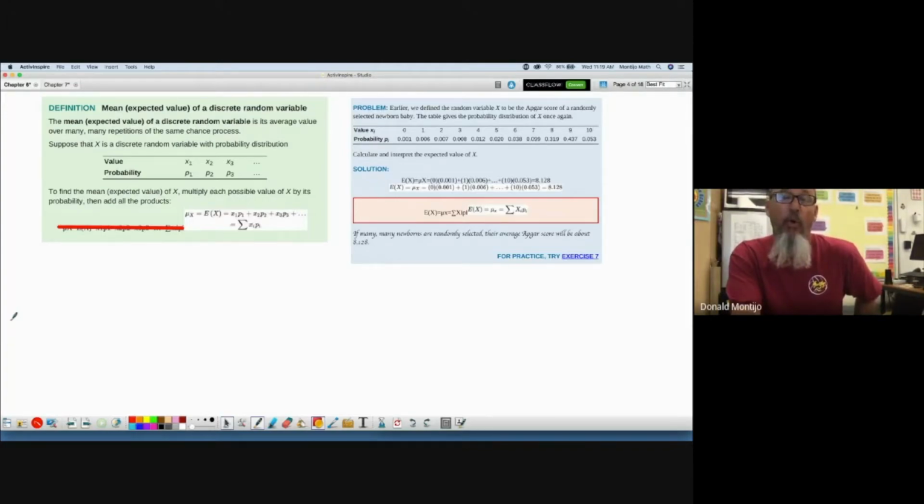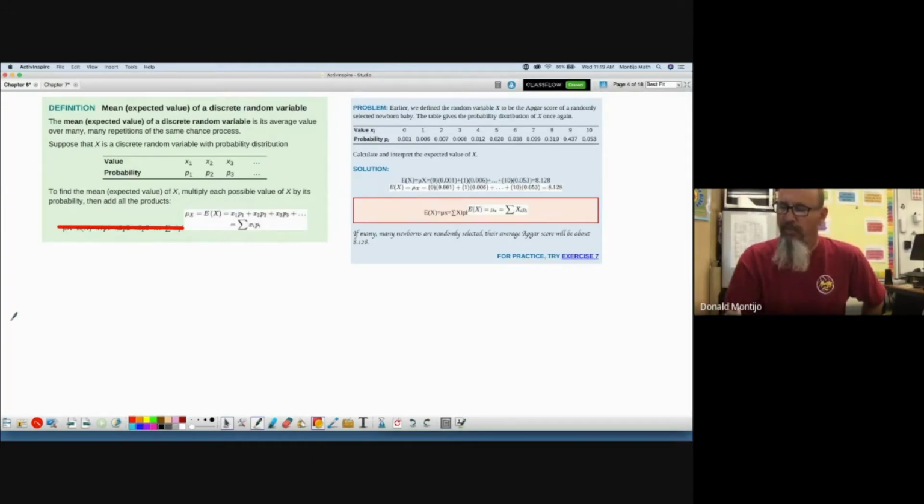The mean, or we're going to talk about expected value. Anytime you hear the word expected, you need to automatically think mean. What does expected mean? It means find the mean, find the center. Expected means mean. Well, how do I find the mean of a discrete random variable? You take every single X value and you multiply it by its probability.